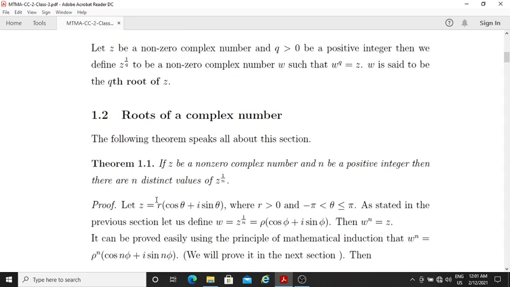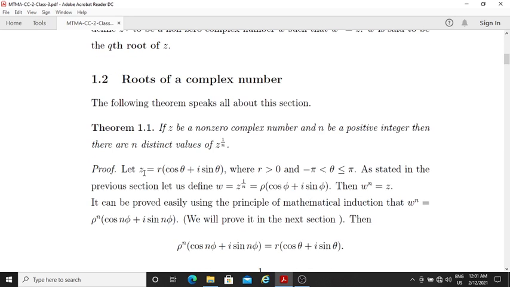All right. So, let's start with a non-zero complex number z, and n a positive integer. Our aim is to discuss what z to the power 1 by n is, or the nth roots of z. So let's start with the polar representation of z.